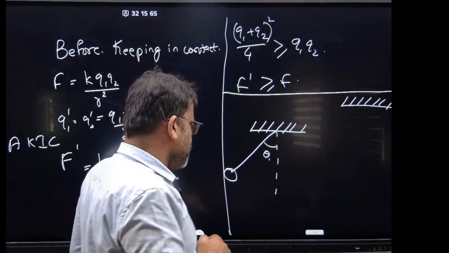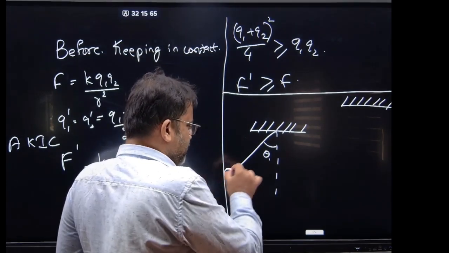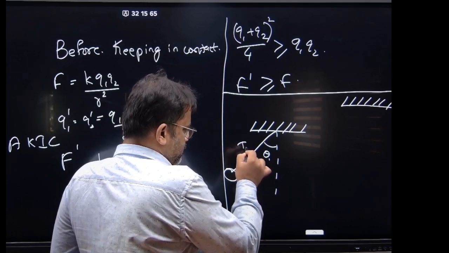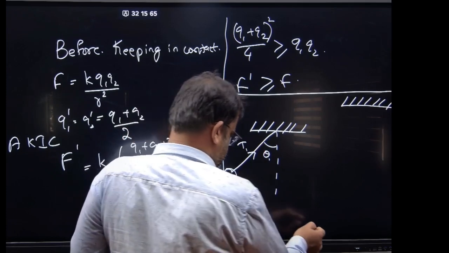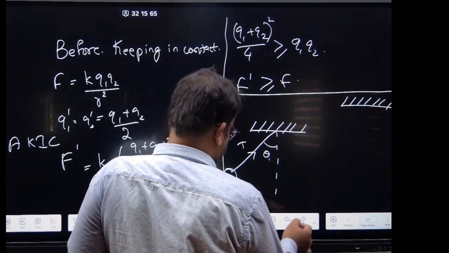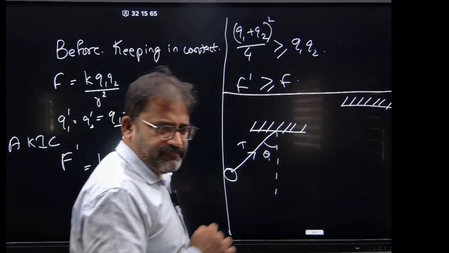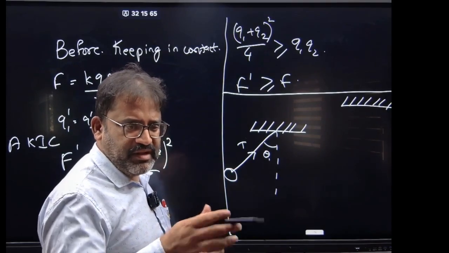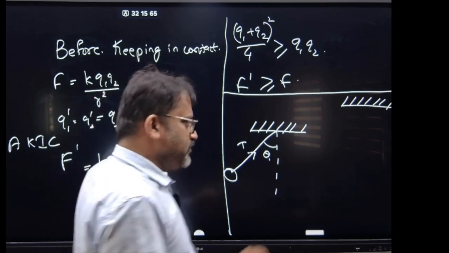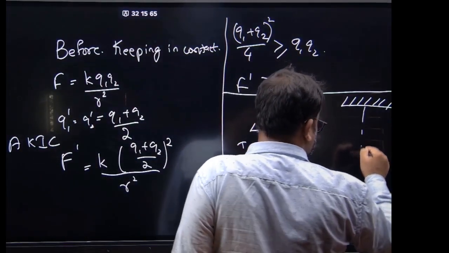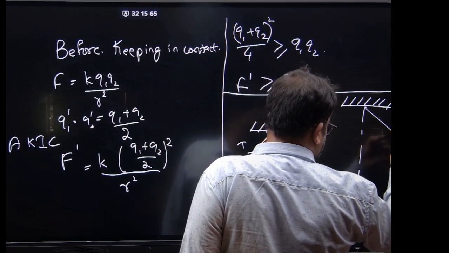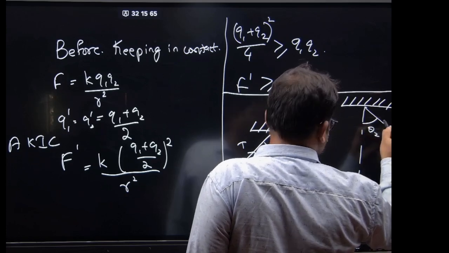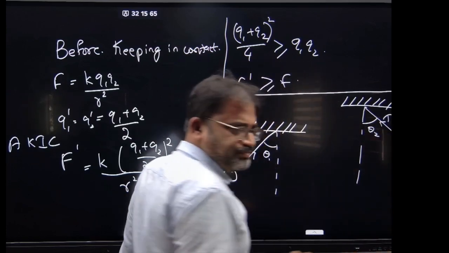Now remember, the string will have the same tension because the same equilibrium level is attained, which means that if this is θ1, this will be θ2, and this of course will be both T only.